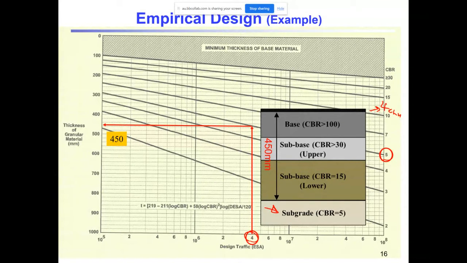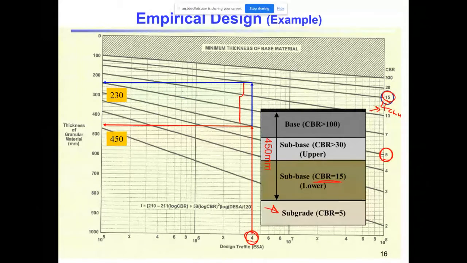Then we want to use a granular material with the CBR equal to 15. So the quality is lower than the upper sub-base layer. In this case, you need to continue the vertical line until you reach CBR 15. And this amount will give you the thickness of the lower sub-base level.